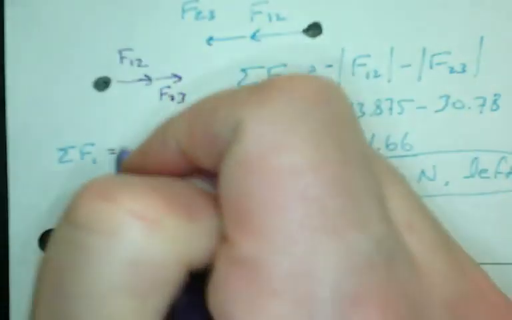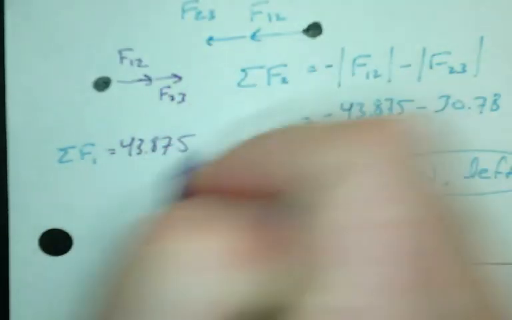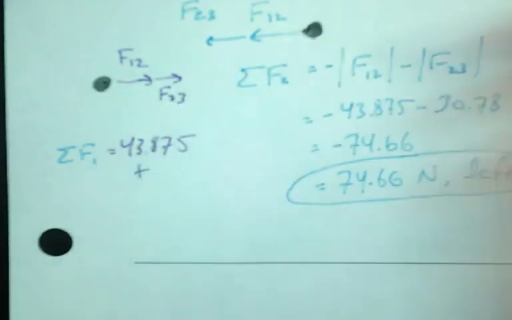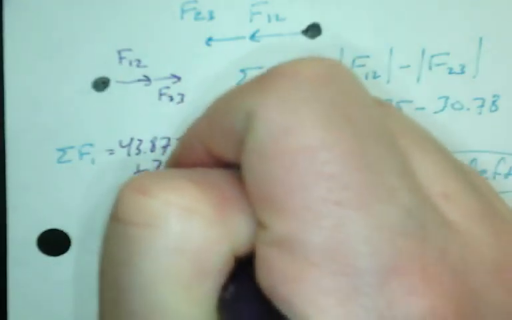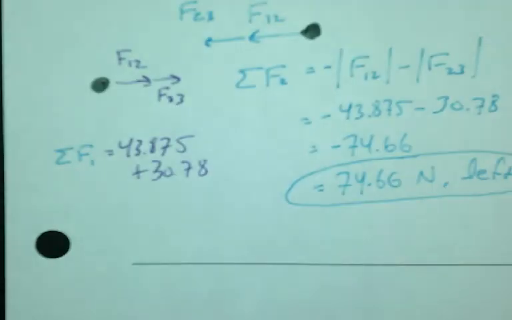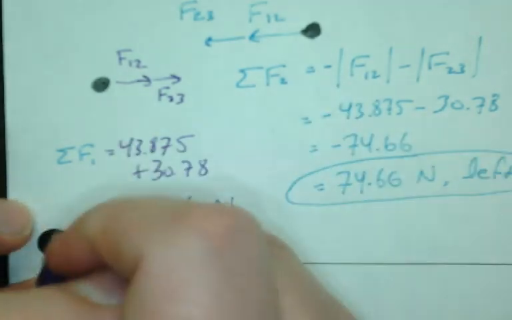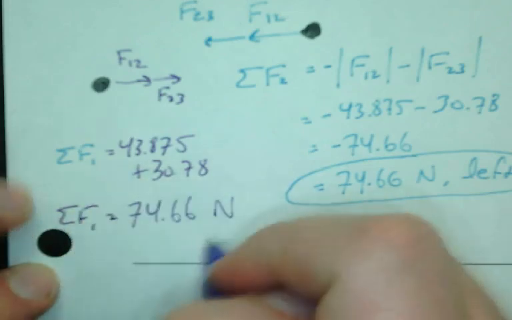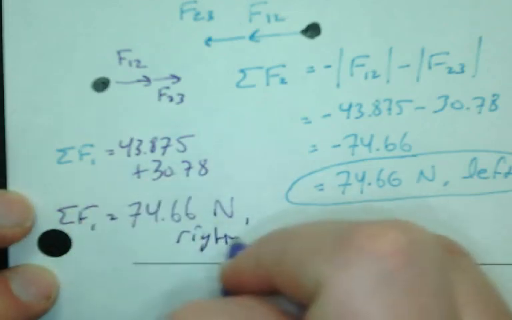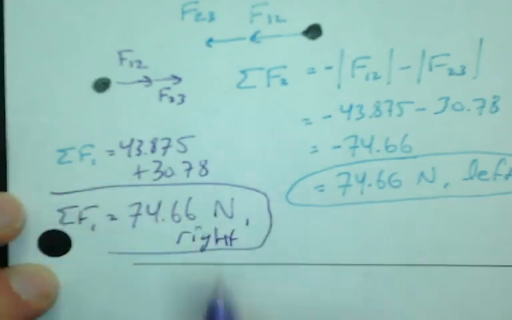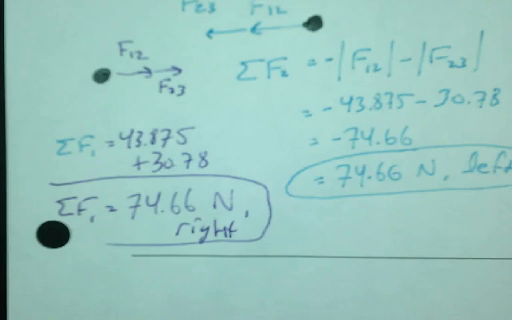So I would have 43.875 plus 30.78. And since it's positive, it's going to the right. I did something wrong. Something's not right. What did I do wrong?